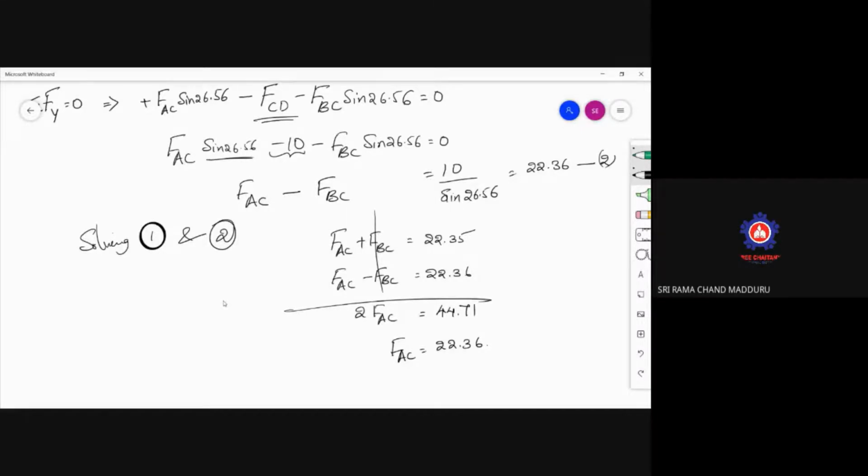So whatever the value, just round it off to 22.36 kilonewtons, which is positive, and that is an indication of tension. So substituting in the above equation from 2, FBC is equal to 0.